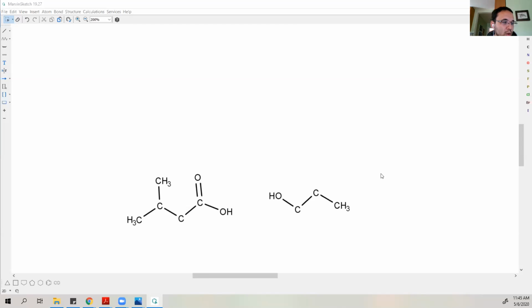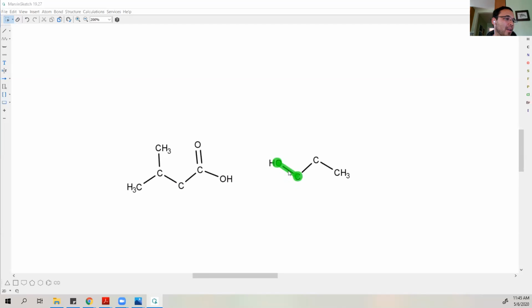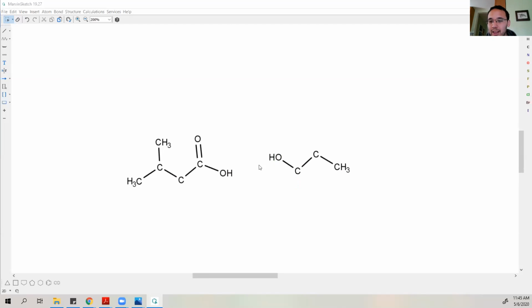Now we're going to look at this one over here as well. This almost said the name right there. This second compound. Right? And so go ahead and name that second compound as well.